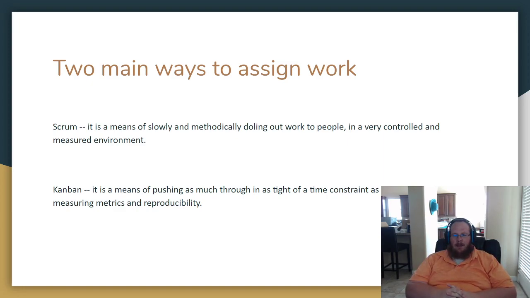With Scrum, you basically say, okay, we need to pour the foundation for this house. How long is that going to take you? And literally, this is no joke, literally the person that is going to be working on it will say 8.